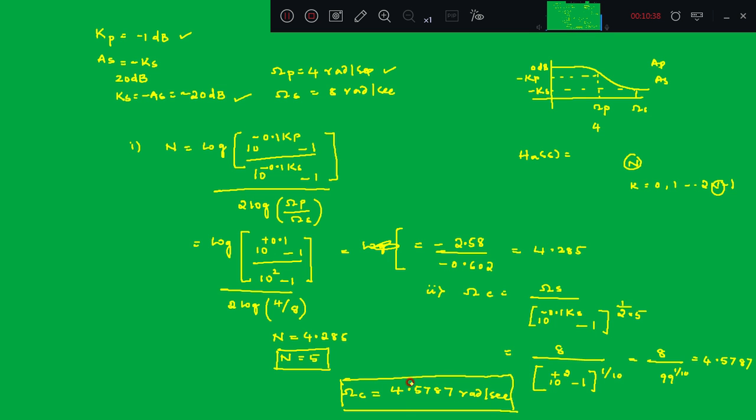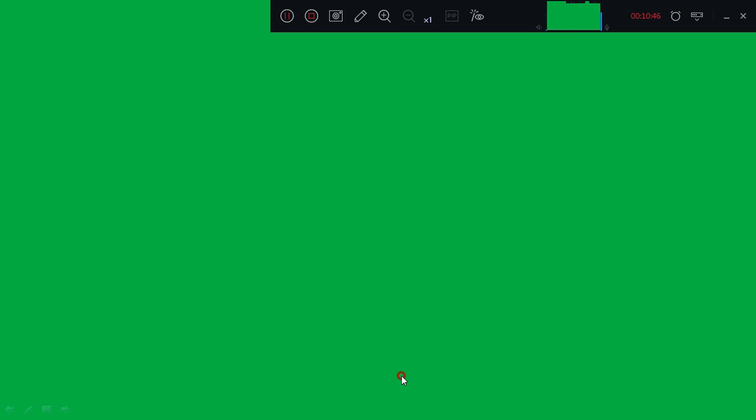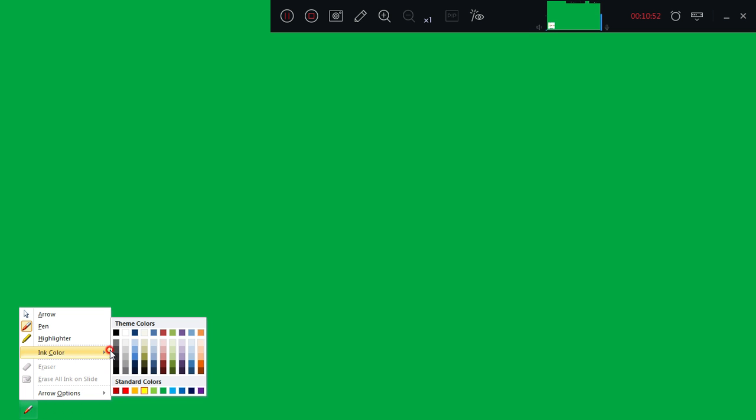Right? So next, once you find the order of the filter as well as the cutoff frequency, next you have to find the poles. Poles are very important to determine the transfer function. So how to find the poles? The poles are denoted by Sk in terms of its magnitude and phase.